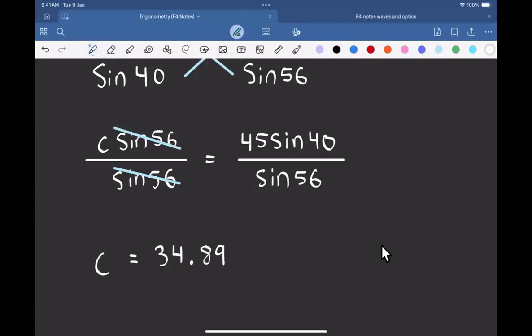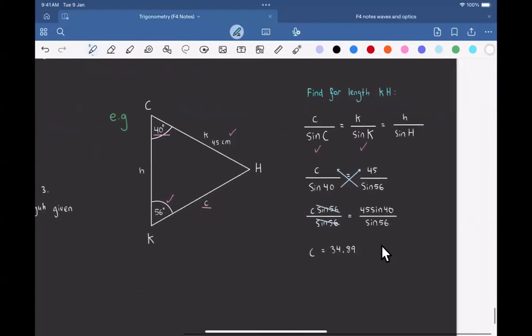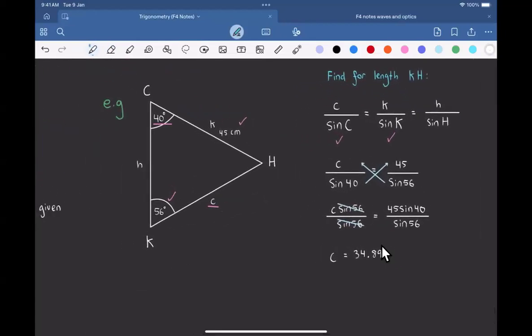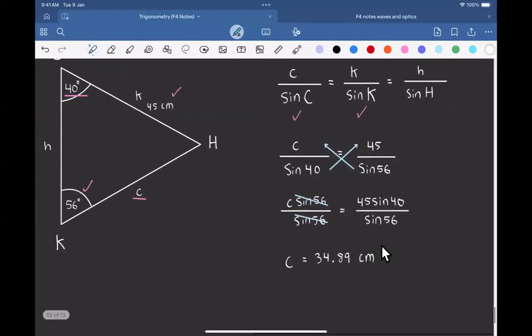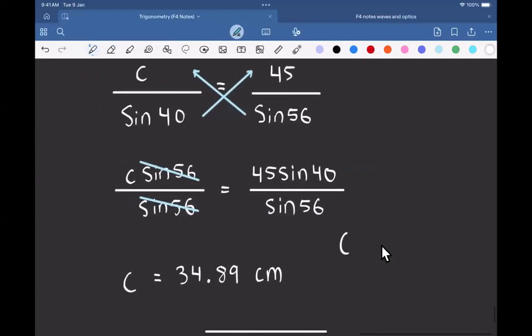Mm-hmm. And Rihanna, what units did you use? Centimeters. Right. Now, Nicholas, if you have to plug this into your Sharp, you'd have to plug in open bracket 45 sine 40 close bracket divided by open bracket sine 56 close bracket.